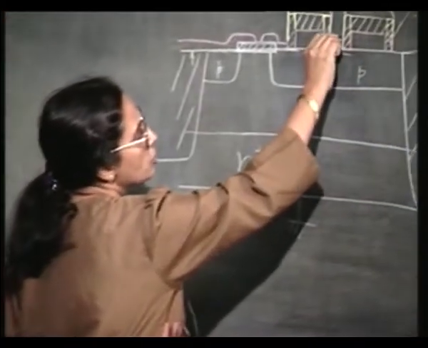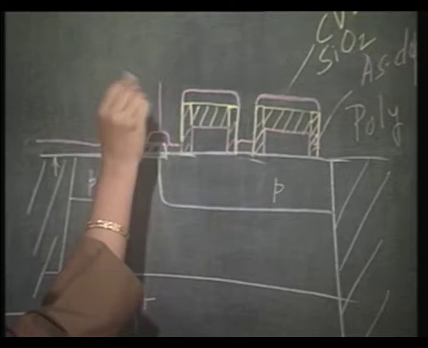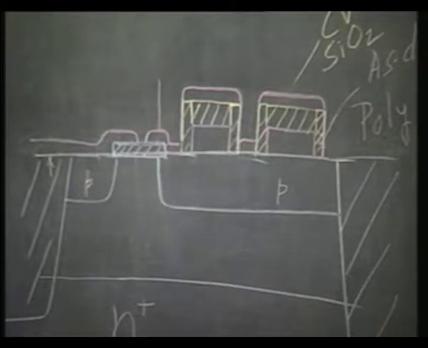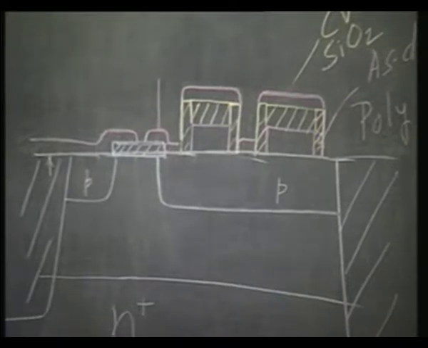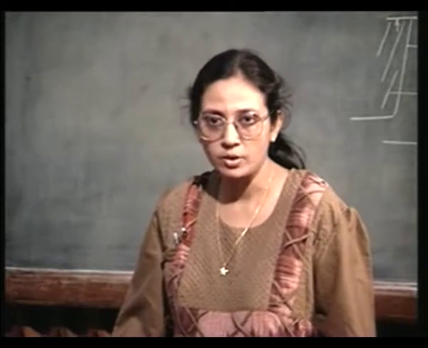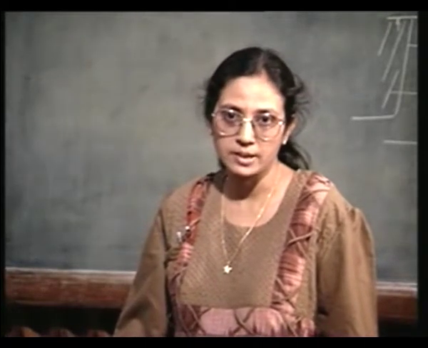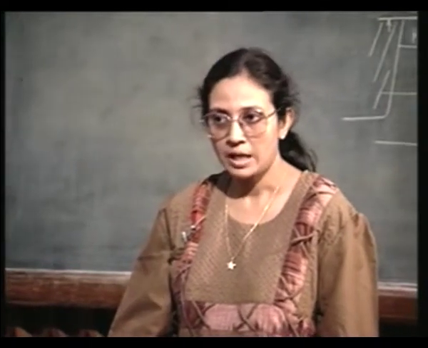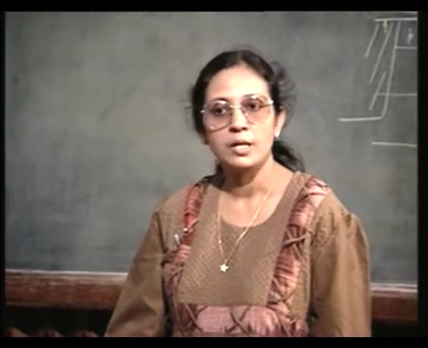So you see, in one shot you have provided all the base contacts, multiple base contacts. Right? So this is the self-aligned I square L technology, in which you make use of the more advanced etching technology, that is the dry etching, the anisotropic etching, whereby you retain the side walls of CVD SiO2 and remove silicon dioxide from everywhere else.